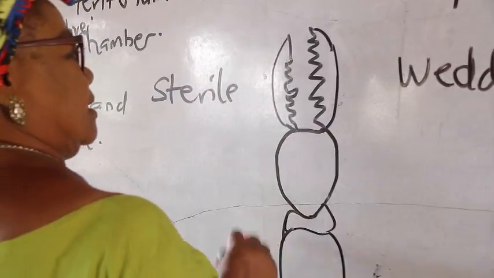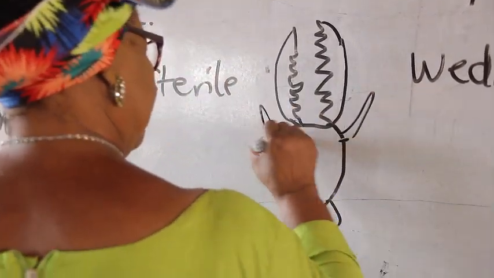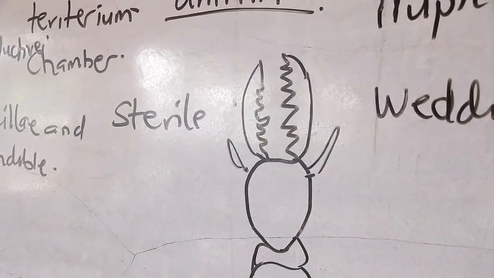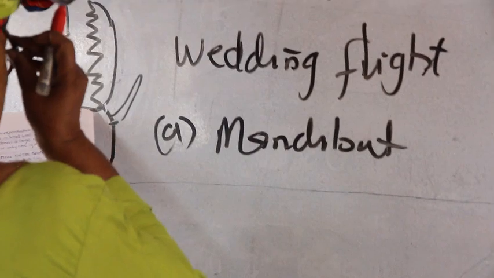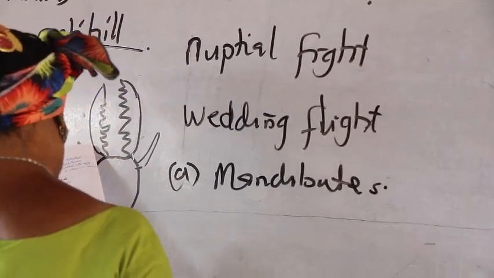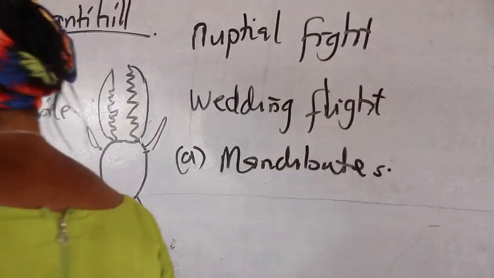So this is the maxilla and the mandible, very powerful ones. They still have the antenna that they use in fighting and defending. So these are soldiers that have strong mandibles for attacking intruders.